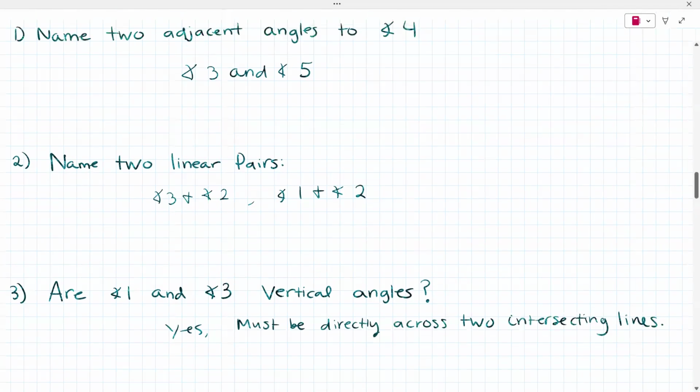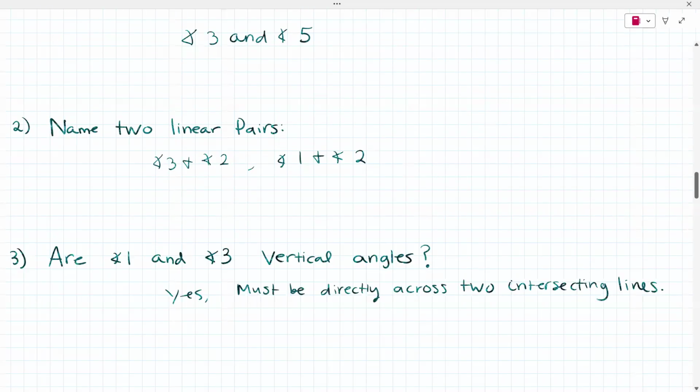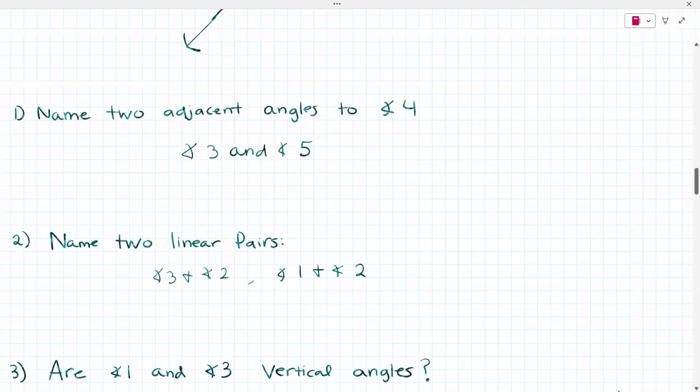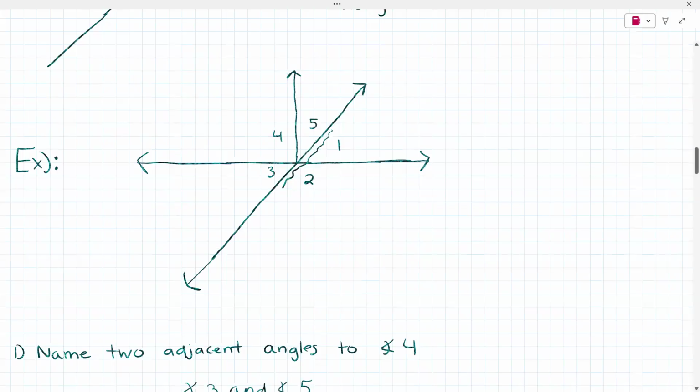Right, that is definitely true. If you look at angles 1 and 3, they cross two intersecting lines. This is one of the intersecting lines, and this is the other.